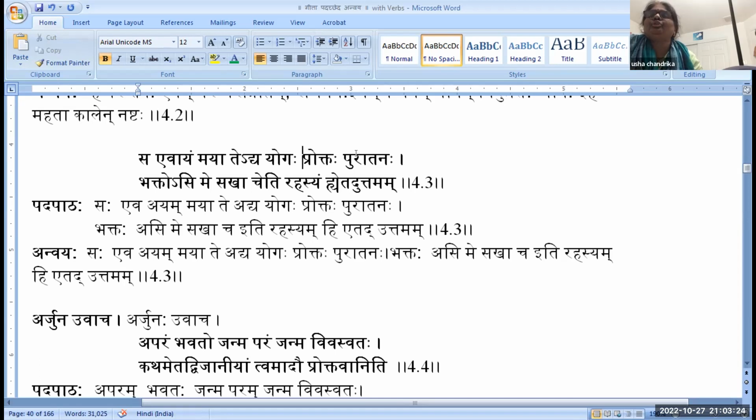Yogo prokto is not allowed. It's not yogo prokta; the sandhi doesn't allow you to make it yogo because of the hard letter pa. Yogaha prokta, jihvamuliya, this is sandhi. That's where you have to know; you can't just change whatever you like.